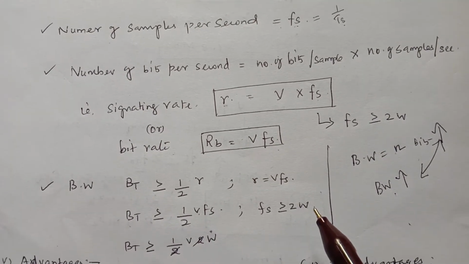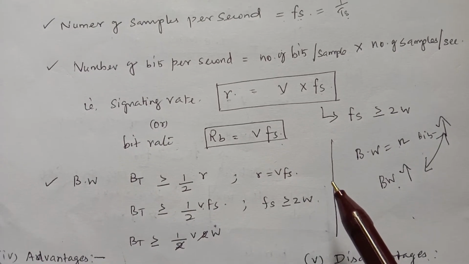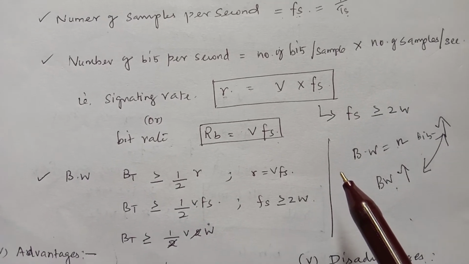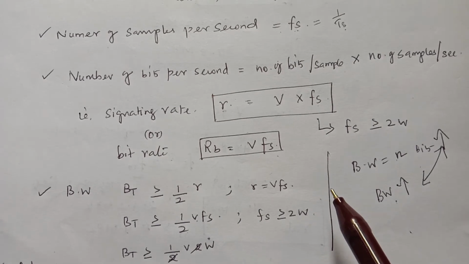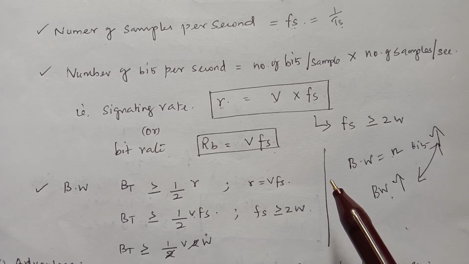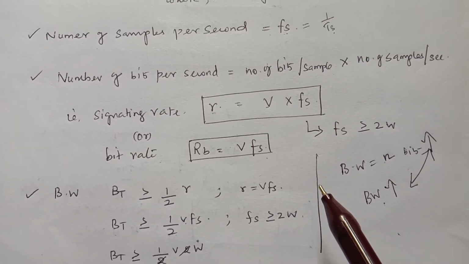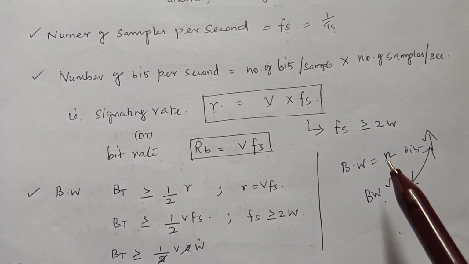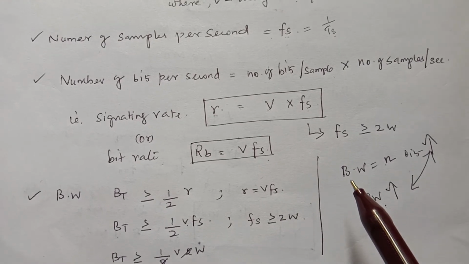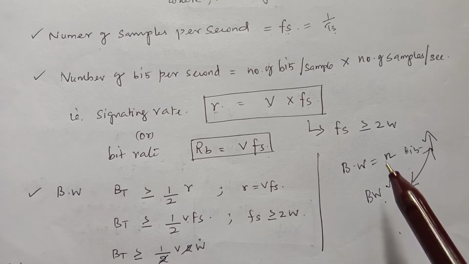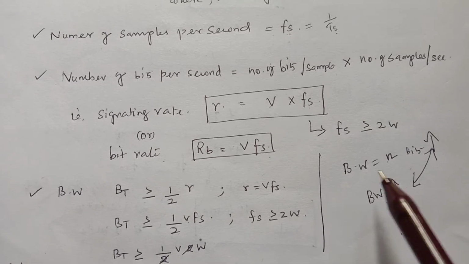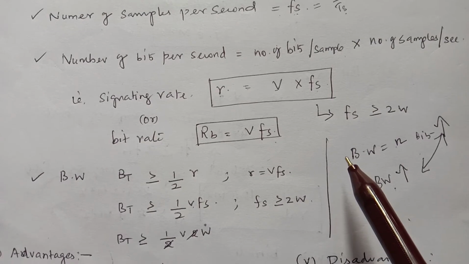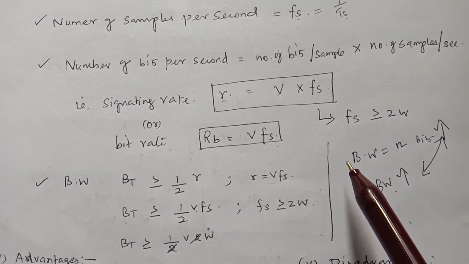This formula is very useful to find the bandwidth, because I already told in the previous lecture that the bandwidth of pulse code modulation is very large when compared to the analog modulation techniques, because the bandwidth depends upon the number of bits. Normally the bandwidth depends upon the sampling frequency. Here the number of bits is multiplied with the sampling frequency. Therefore the bandwidth is large when compared to the analog modulation techniques.